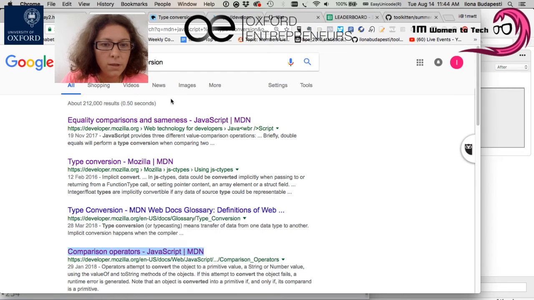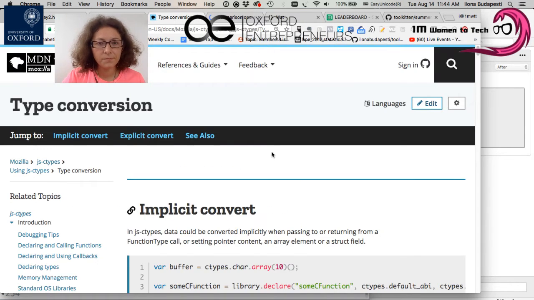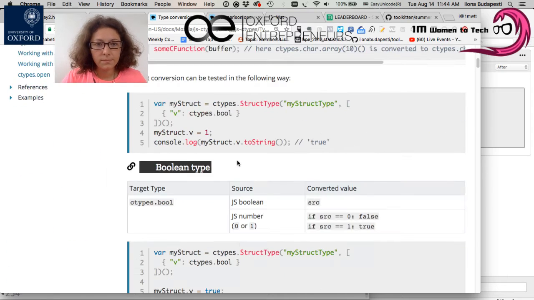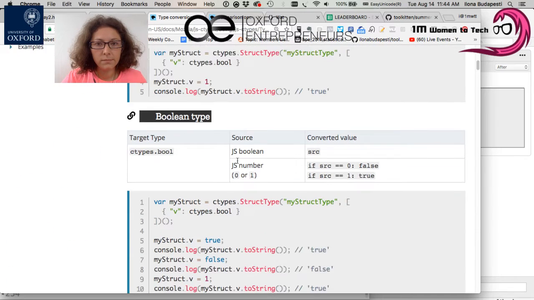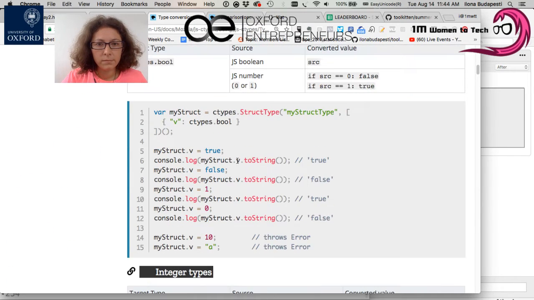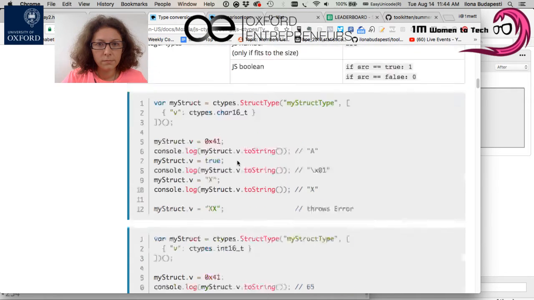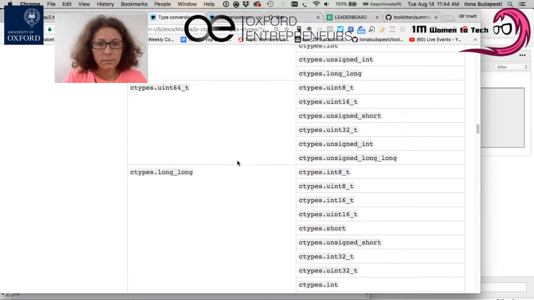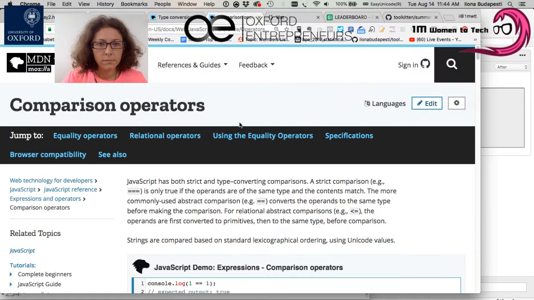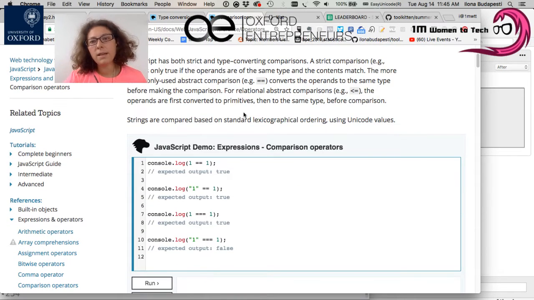Operators attempt to convert the object to a primitive value. Let's see. This is a good example. I wanted to cover this a little later.